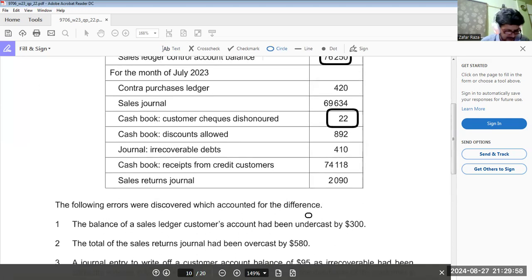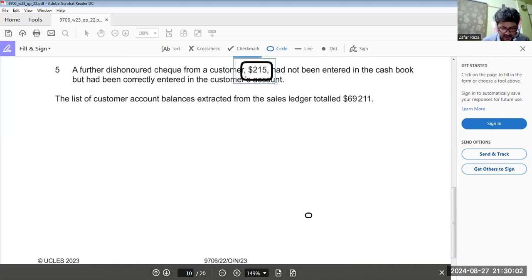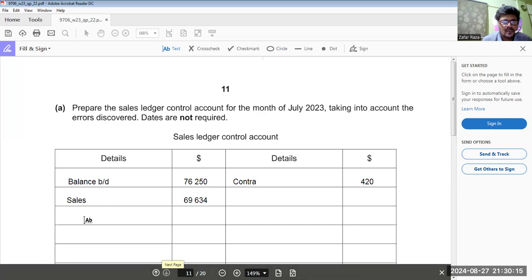So the complete amount is 22 plus 215, 237. When customers' cheques get dishonoured, it increases trade receivable or debtors account. So we'll write it over here, bank 237. Done?